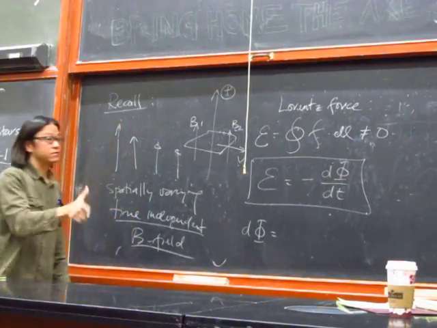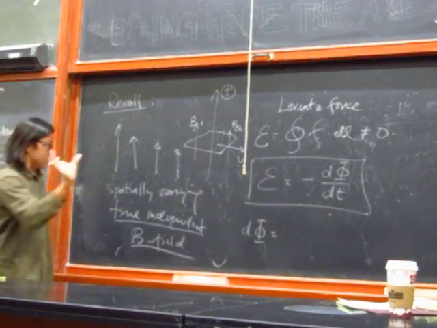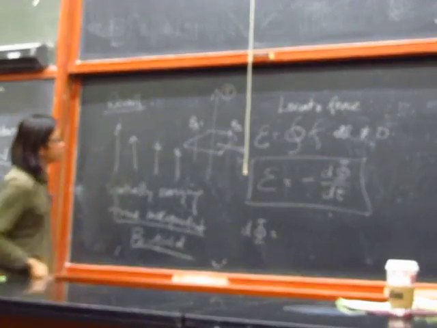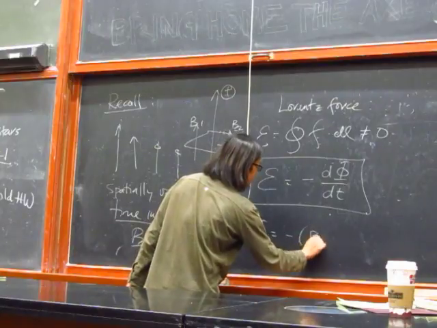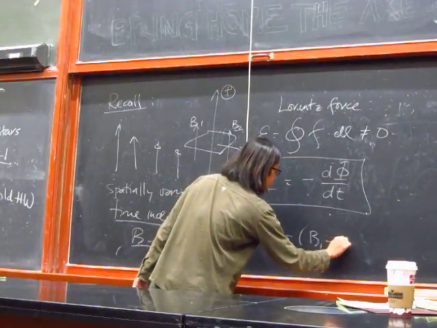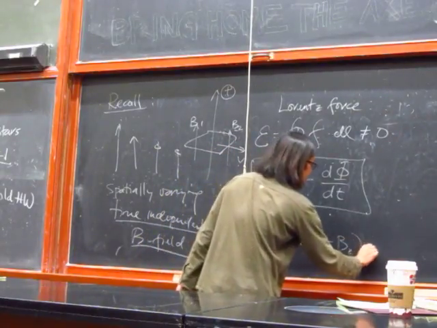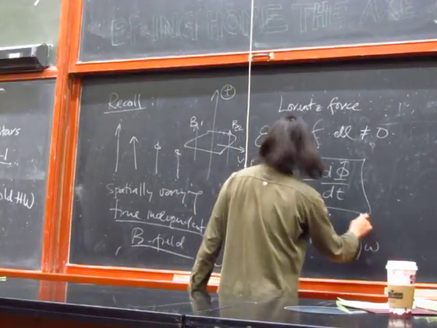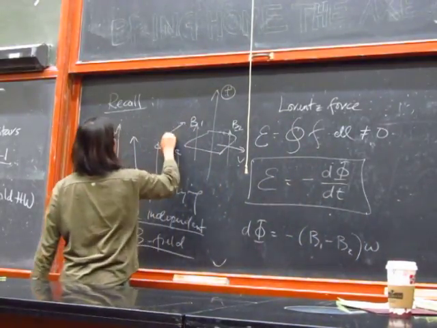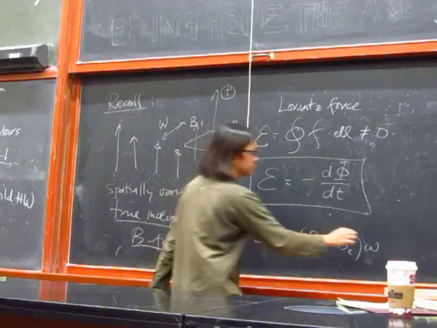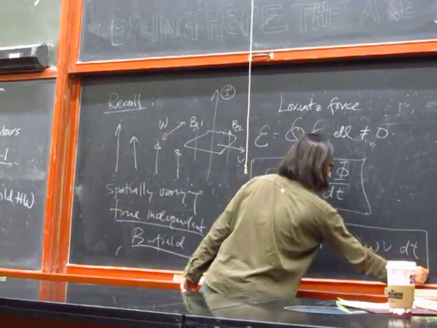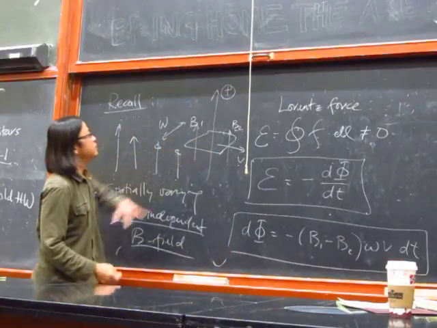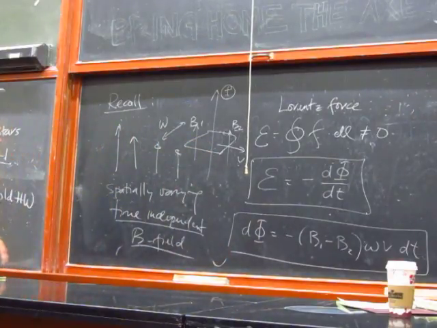The positive sense, I guess, is counterclockwise, and this is going to be equal to minus (B1 minus B2) times W, where W is the width of the loop, times the velocity. This is for this rectilinear case.